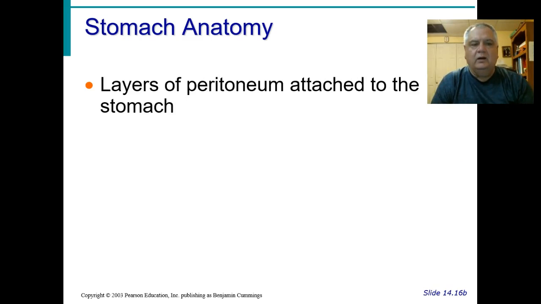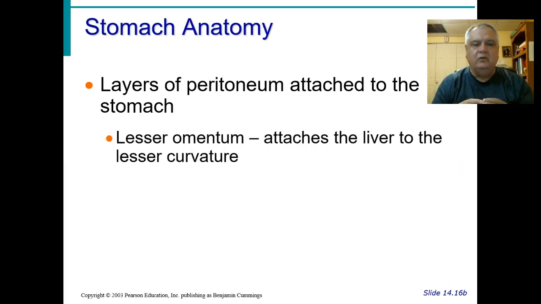So, the layers of the peritoneum that are attached to the stomach. Again, the stomach has that outside serosa that forms the outer wall of the stomach. It's made up of a serous membrane, and that serous membrane attaches partly to the stomach, and then folds back on itself to attach to the body wall.